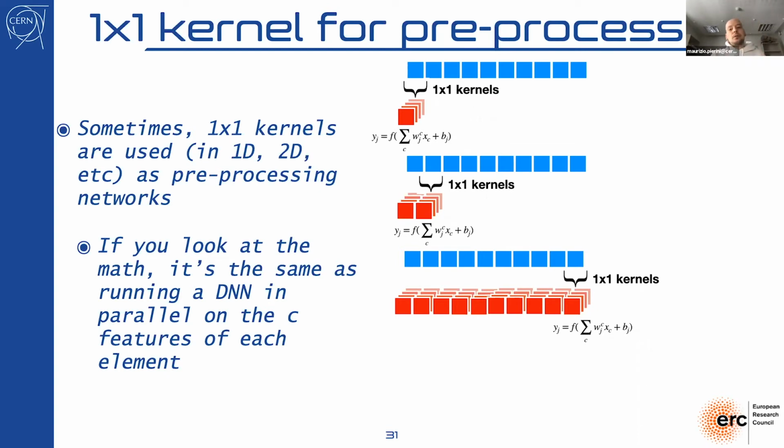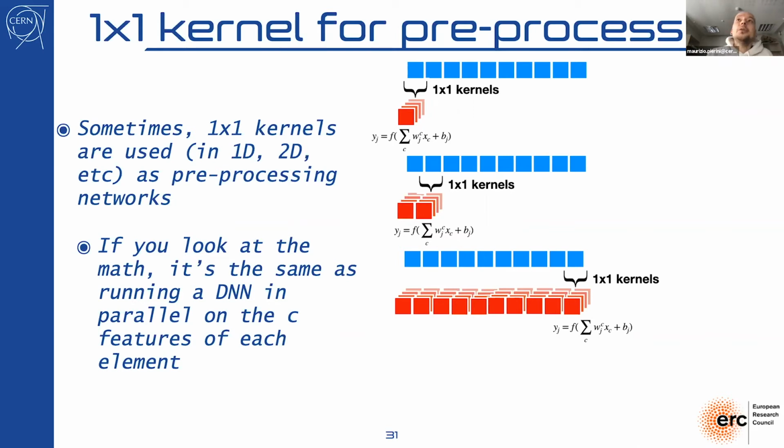Now you take this network, I give you the data, and what you would have to do is take the first particle, apply the network, and store it. You take the second particle, apply the network, and store it. The third particle, apply the network, and store it. And this sequential process is slow. So what you would like to do instead is to take all the particles together and apply the very same network to all of them.